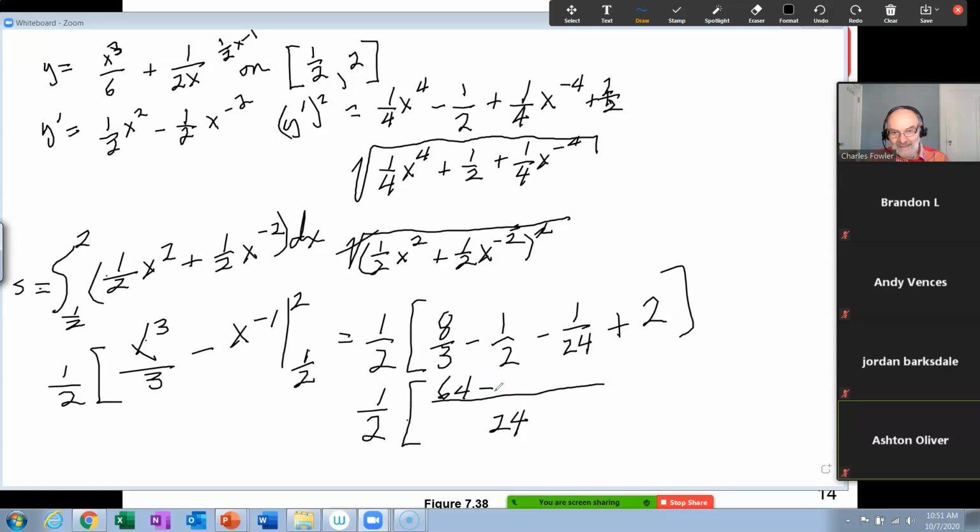Minus 2 will go into 24 12 times, minus 12, plus 2, you could write it as 2 over 1. That would be 48, 48 24ths.